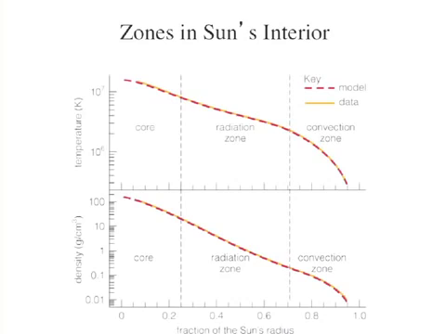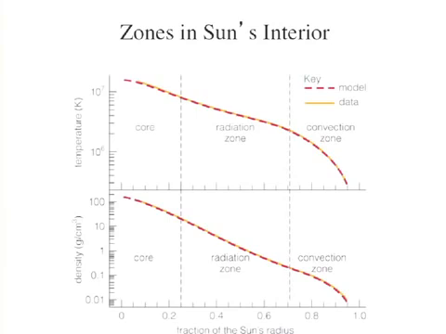The solution says that the center of the sun is a little more than 10 to the 7th degrees. The outer surface of the sun is a couple thousand degrees. Here is density. The density in the center of the sun is 100 grams per cubic centimeter. And the density on the outside is very low.